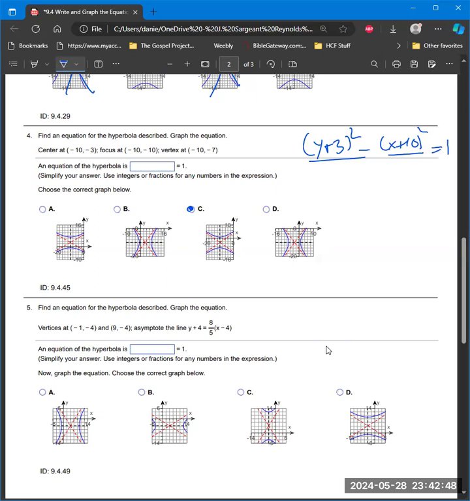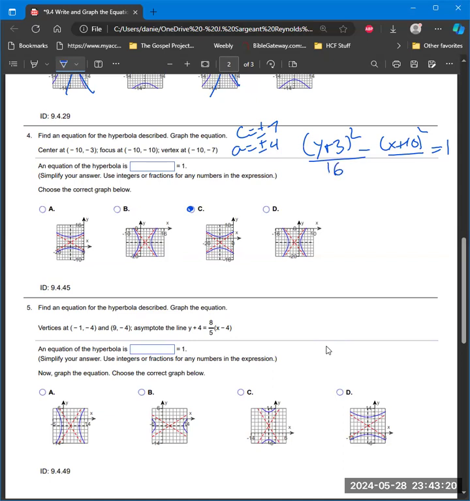And foci at, let's see, we're going to be going 7 left and right, for c. And call this a is plus or minus 4, and this is in the y direction.